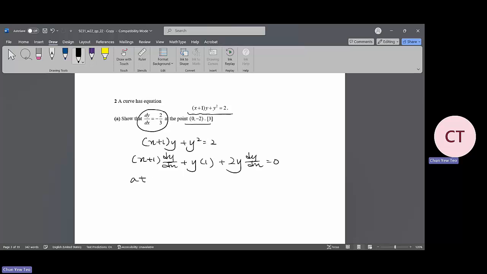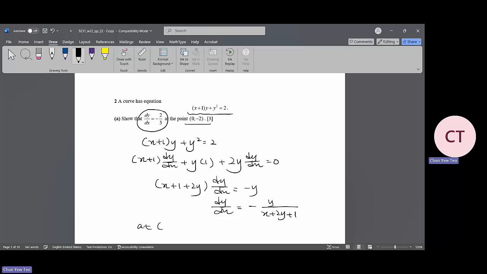At the point (0, negative 2), we need to simplify first. We will have (x plus 1 plus 2y) dy/dx equal to negative y. So dy/dx is negative y over (x plus 2y plus 1).